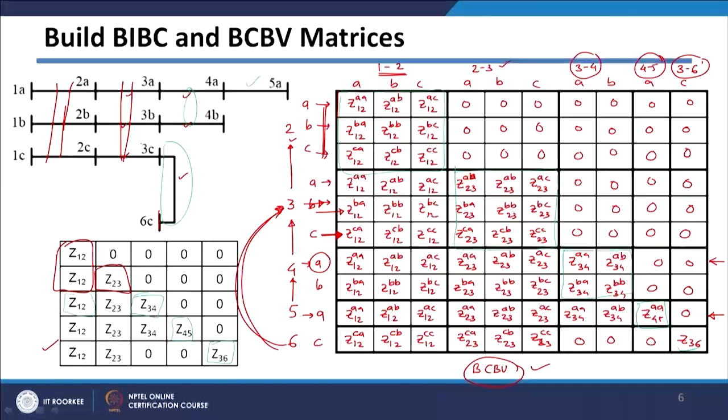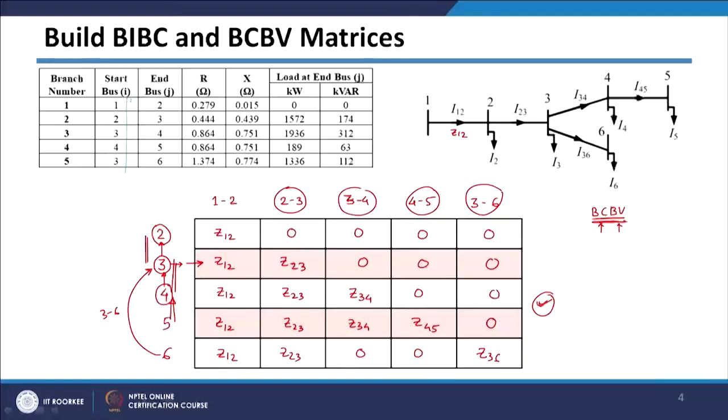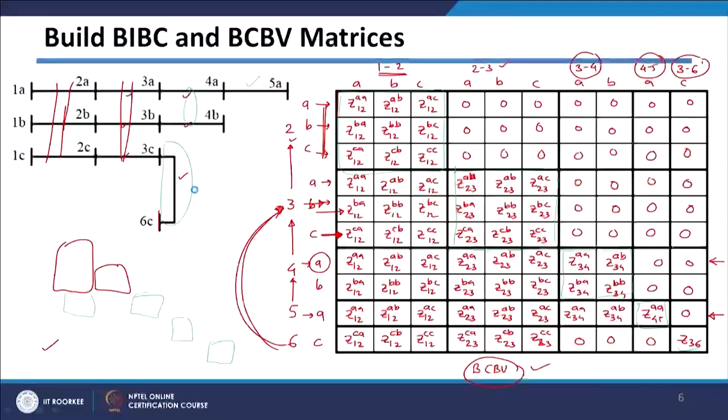So, we can see that these BIBC and BCBV matrices can be easily built by knowing your system data. So, from knowing these connections, or you can say from the line data, we can build your BIBC matrices and BCBV matrices.